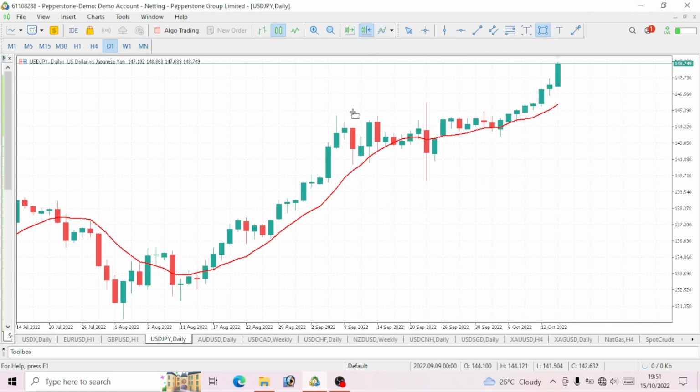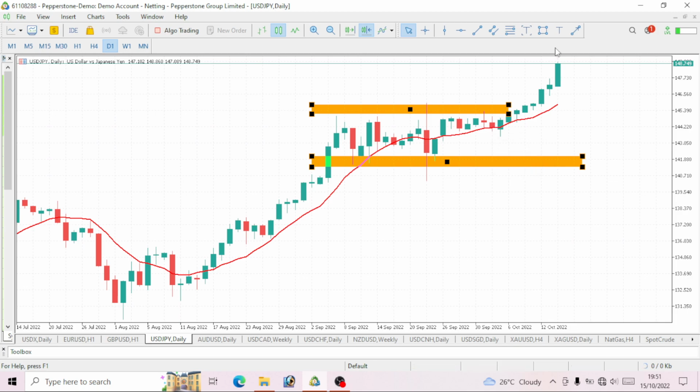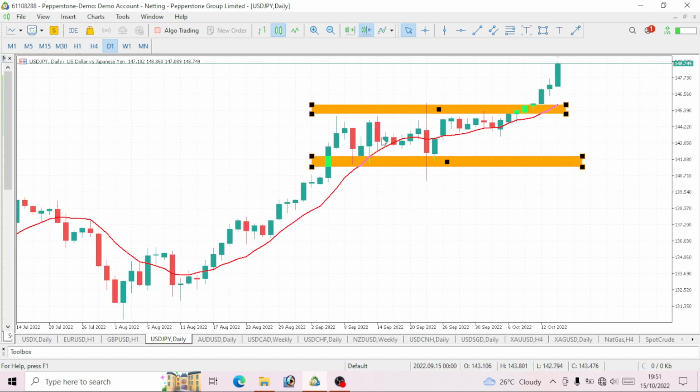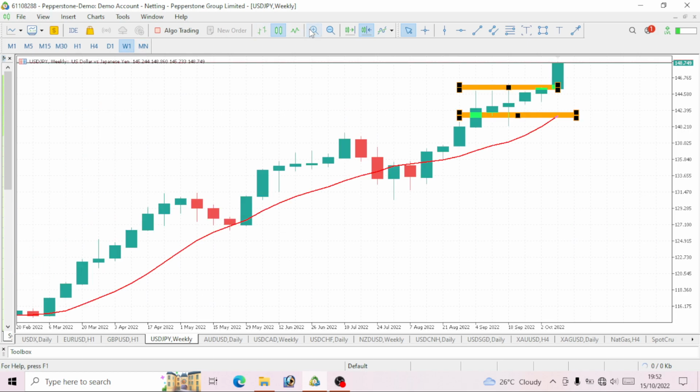We saw that we were once ranging within this area here. If we follow this channel consistently, you see how we actually broke above this level here. I predicted this move, that we would break above it and continue to go bullish, and we see it. The price actually did such a thing, and we are on a bullish move on USD JPY. This is kind of like a pullback level. I think it is on the weekly time frame. No, okay, it is not more visible.